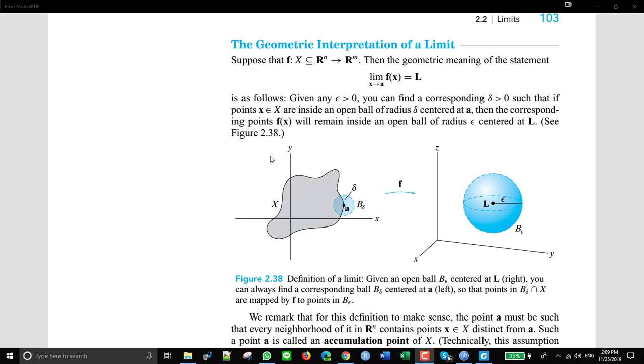So given an open ball, B sub epsilon, centered at L, we can always find a corresponding ball B sub delta over here, so that every point in B sub delta intersect X, where is B sub delta intersect X?